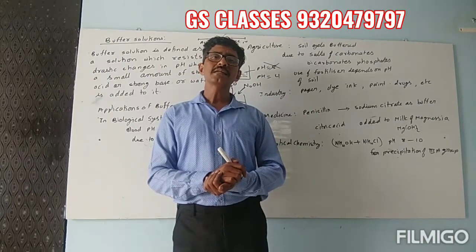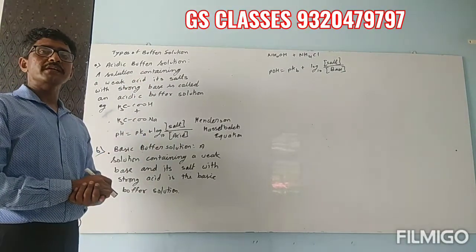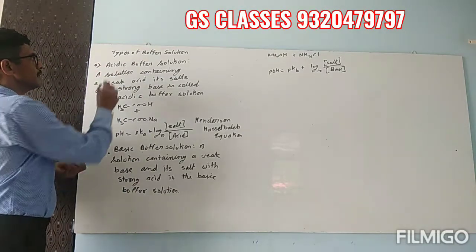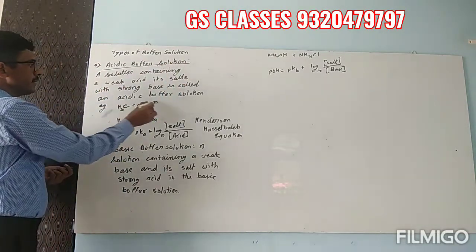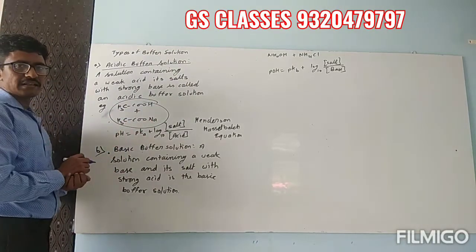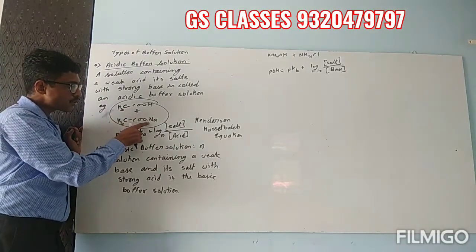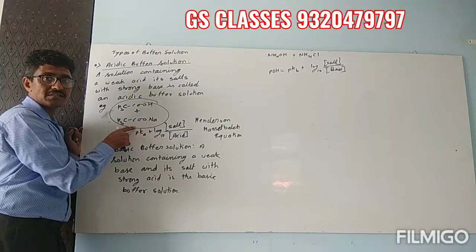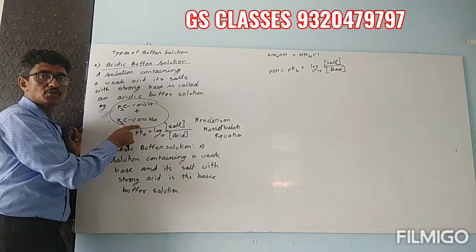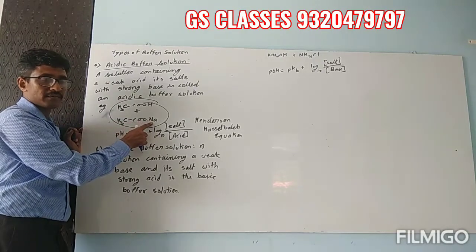Now children, two types of buffer solution are included in our syllabus. Acidic buffer solution, they contain acetic acid and sodium acetate, meaning any weak acid and its salt with a strong base, because the sodium salt is known as the salt of the weak acid and the strong base.